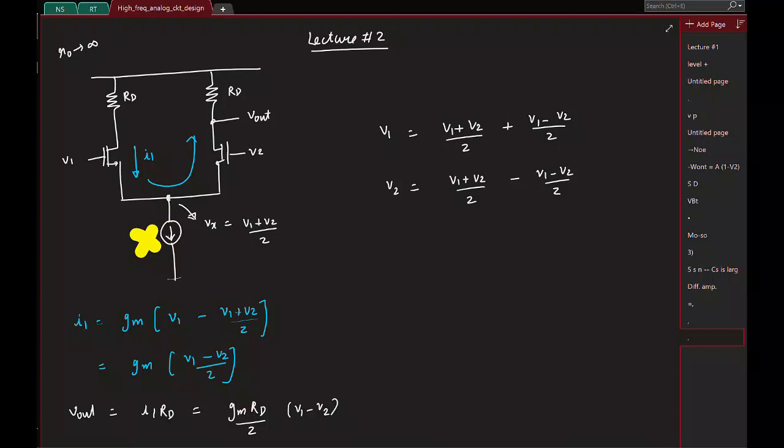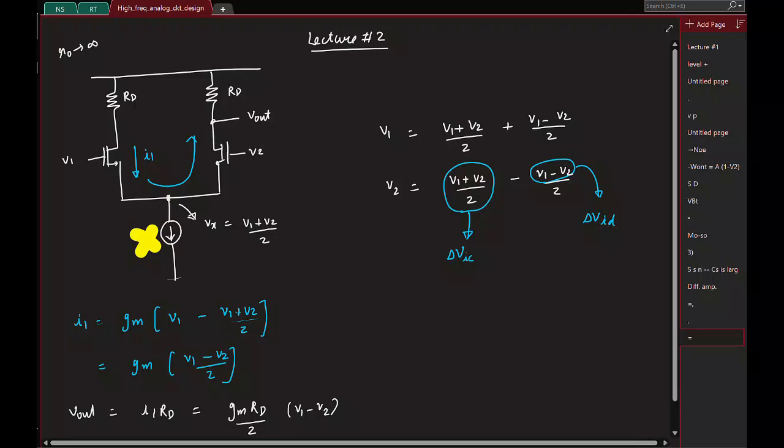But what is this portion called? It's the common mode, or the average of the two, right? So I'll call this delta VIC for the common mode. And this one is the differential mode, right?